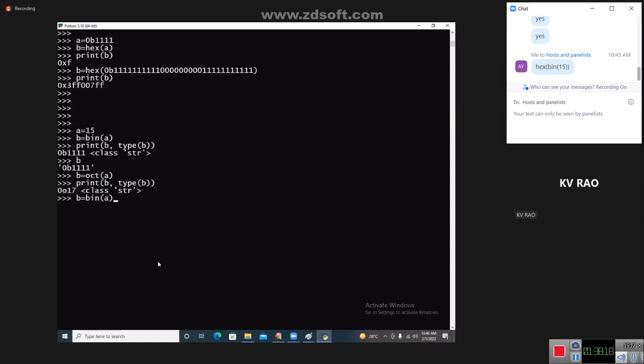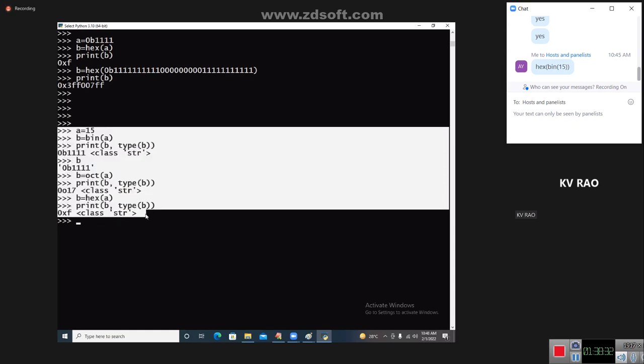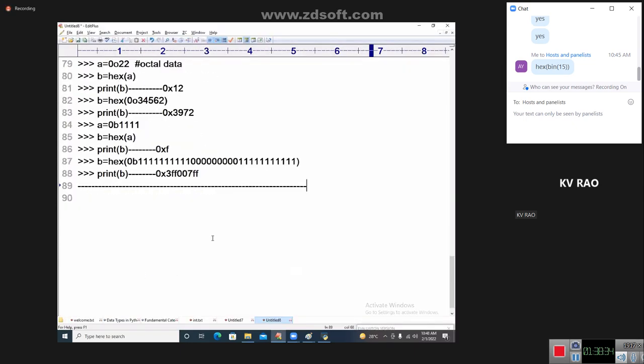Next, hexadecimal. Hexa of A. Print B, also STR, because there are special symbols. It is an STR. I would like to write this information as a special case.